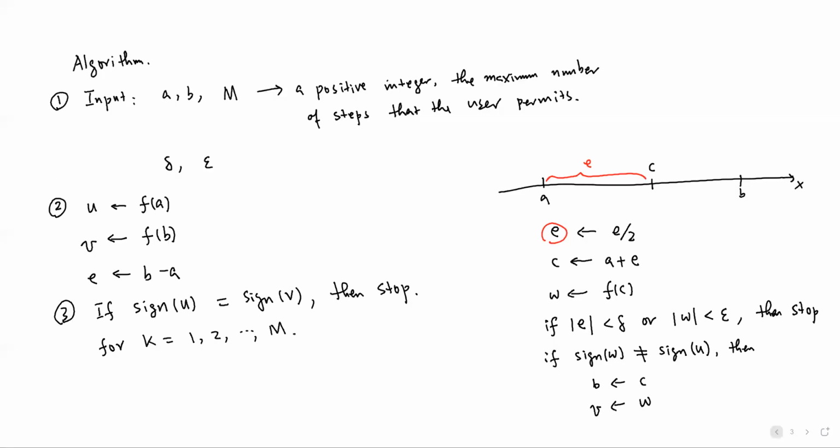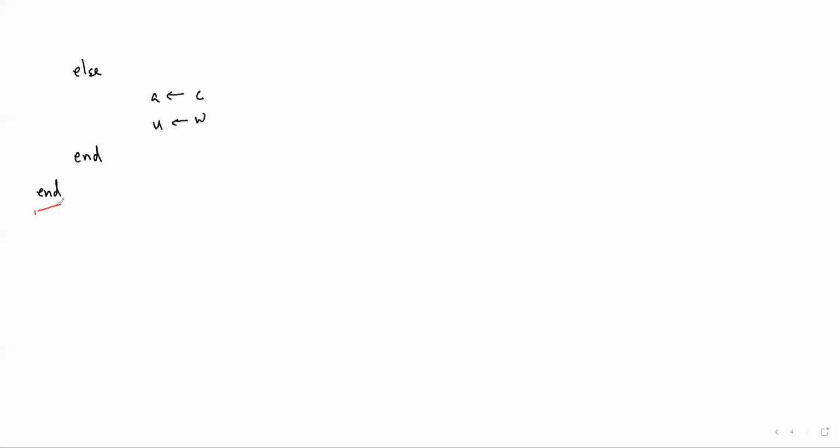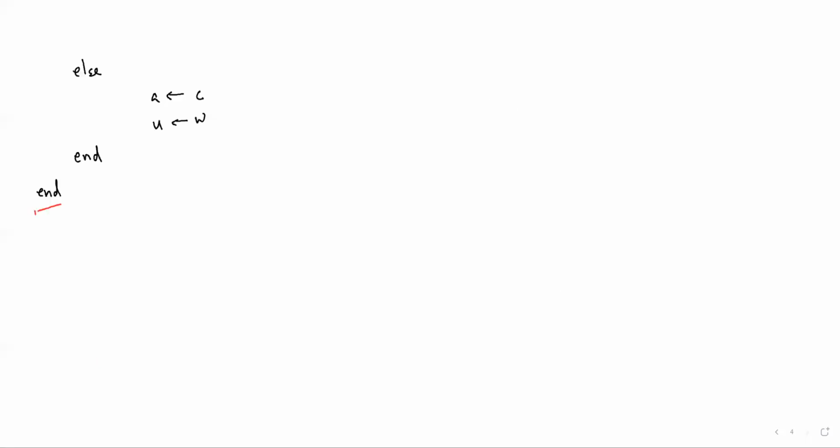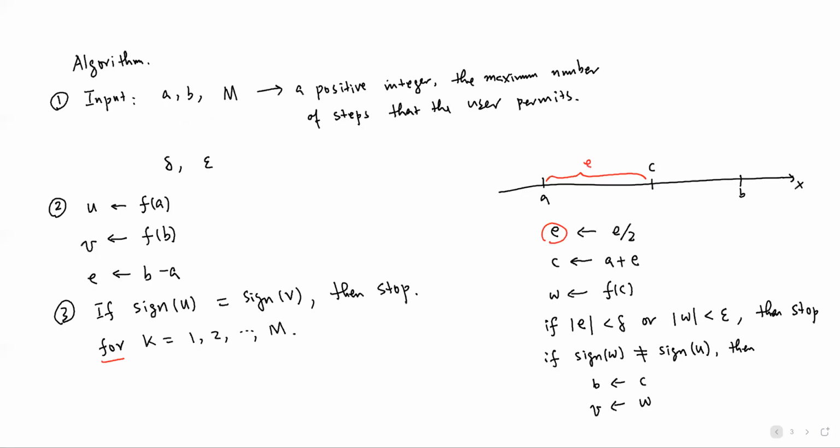Finally, add an N. This N ends the for loop. And this N ends this if statement.